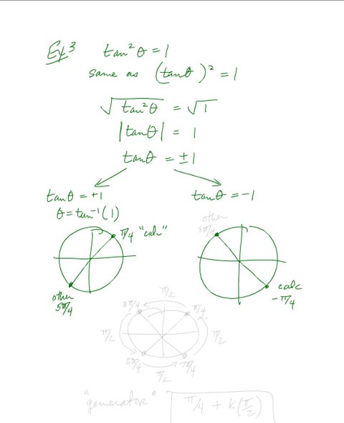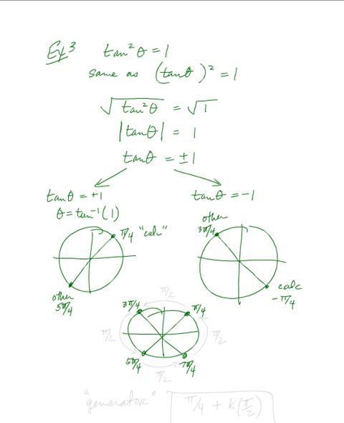And then the other solution is going to be here at 3 pi over 4. Okay. And so if you put it all together, here's essentially what you have. These and these. You have pi over 4, 3 pi over 4, 5 pi over 4, 7 pi over 4.